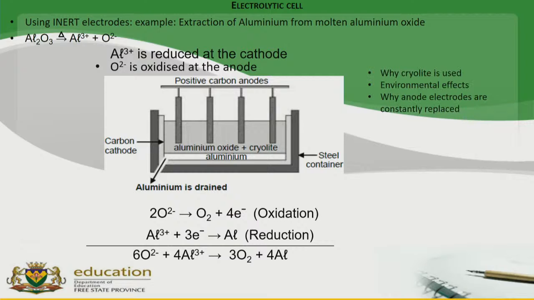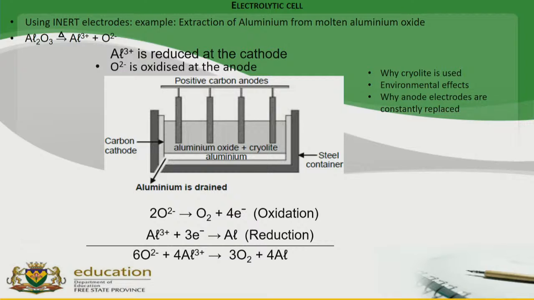But now, there are certain questions that you might be asked. For example, why do we constantly have to replace the anodes? Remember, at the anode, what happens? It is the oxidation of oxide ions to oxygen. And this oxygen that is formed can react with these anodes. Remember, the anodes are made of carbon.